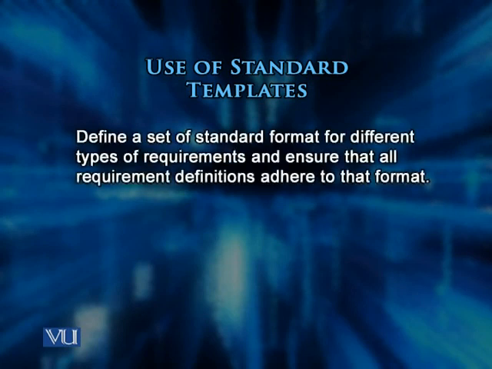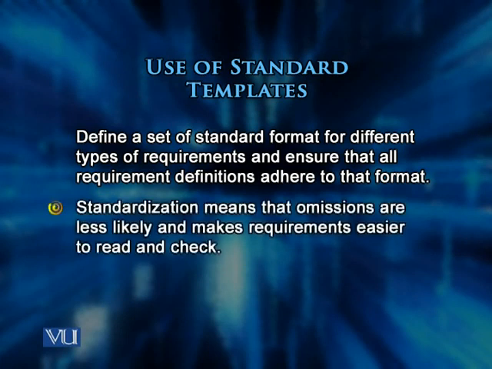The first one relates to the use of standard templates. Here you have to define a set of standard formats for different types of requirements and ensure that all the requirements definitions adhere to that format. This is a procedural matter, but very important. Standardization means that omissions are less likely and makes requirements easier to read and check.